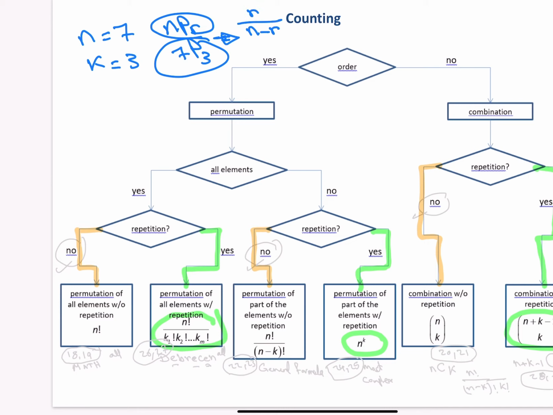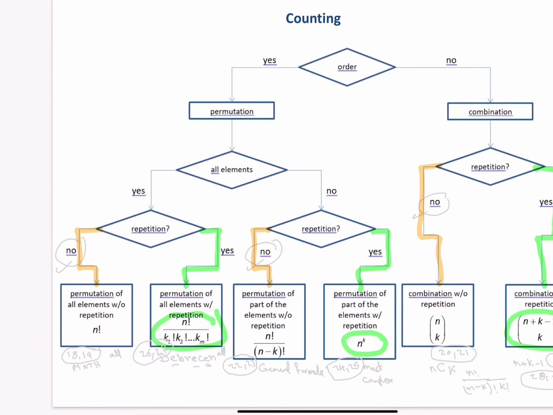So here it will be 7 factorial over 7 minus 3 factorial. This is what we have already studied in the previous slide.